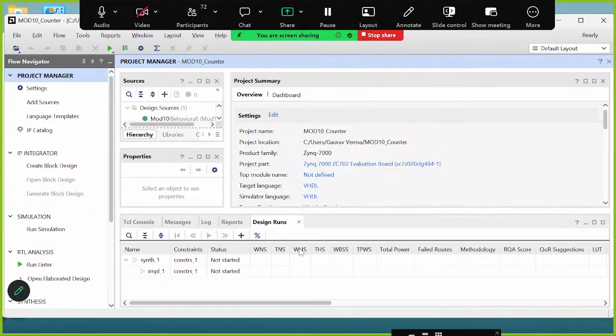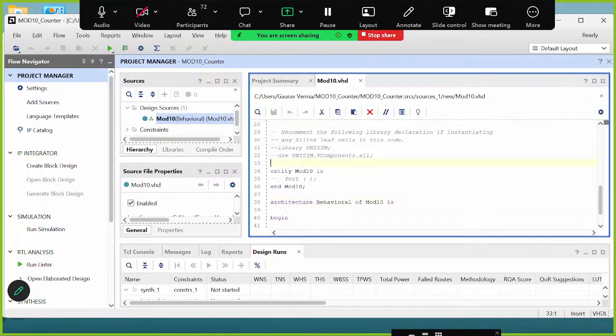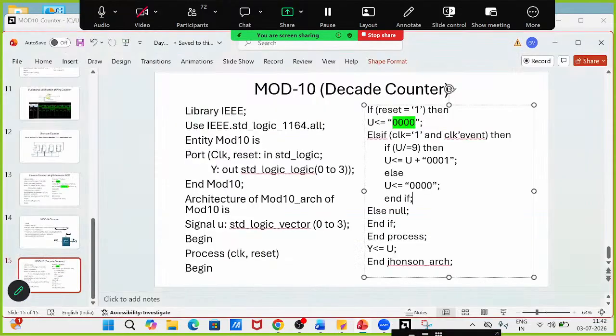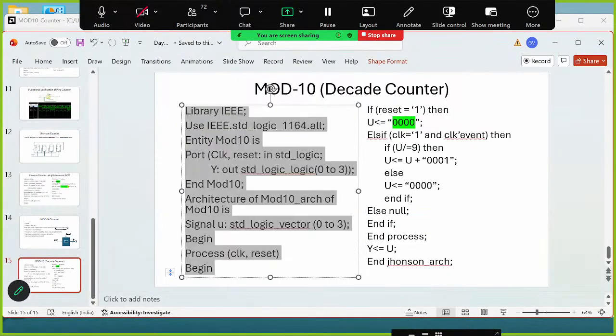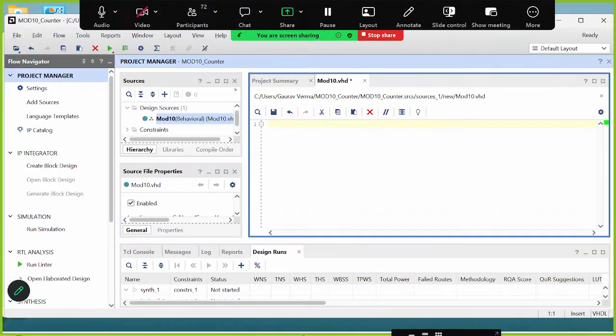We'll copy paste it. Now see, Control A, delete. I'm copying this. If there is any syntax error, it will show us in the software itself.